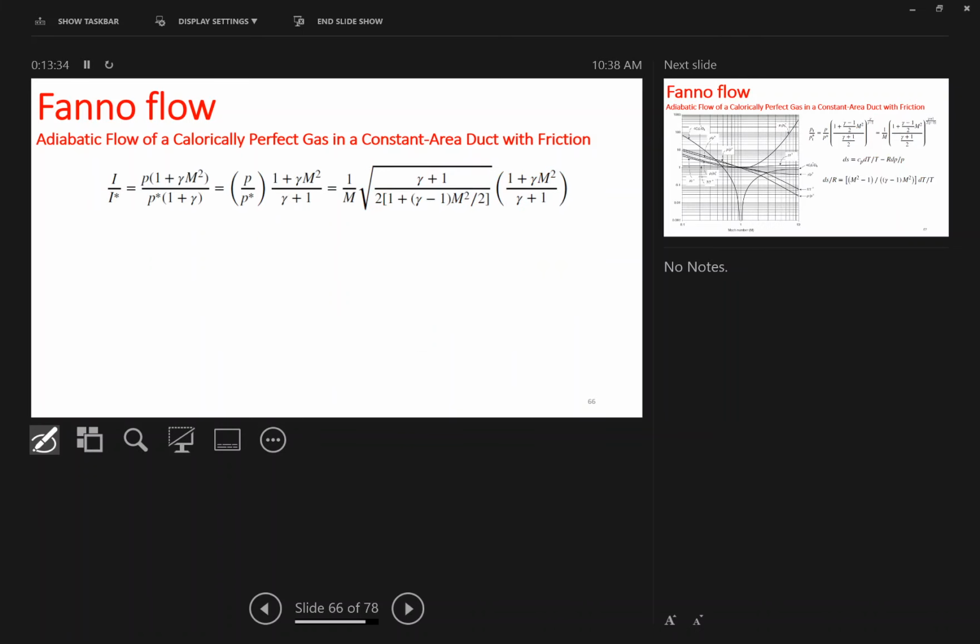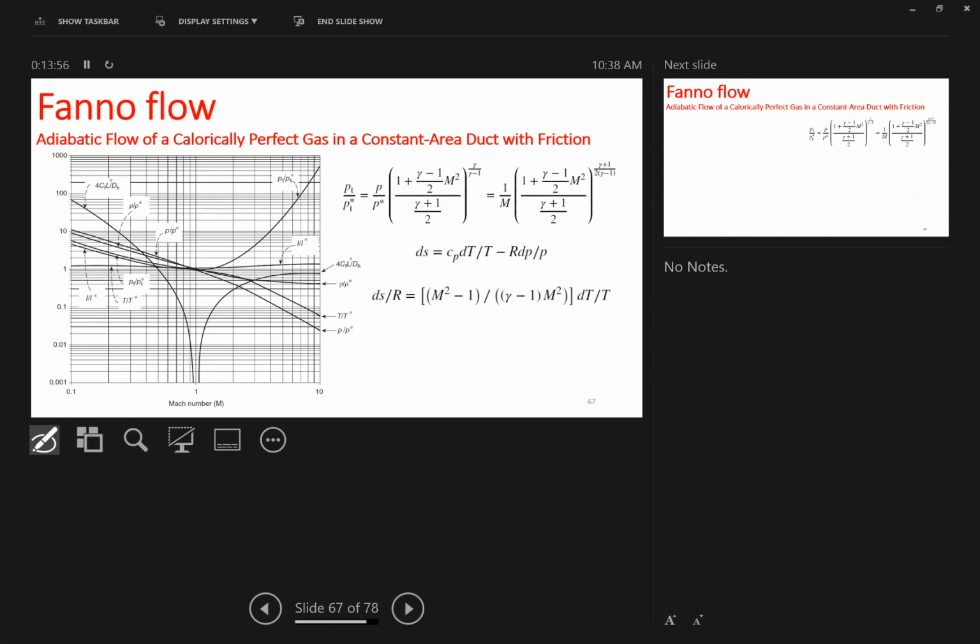Okay, so we can find the fluid impulse, the ratio between the fluid impulse at the inlet and the star condition as well, based on the definition of fluid impulse. And also we can have the changes in total pressure or stagnation pressure.